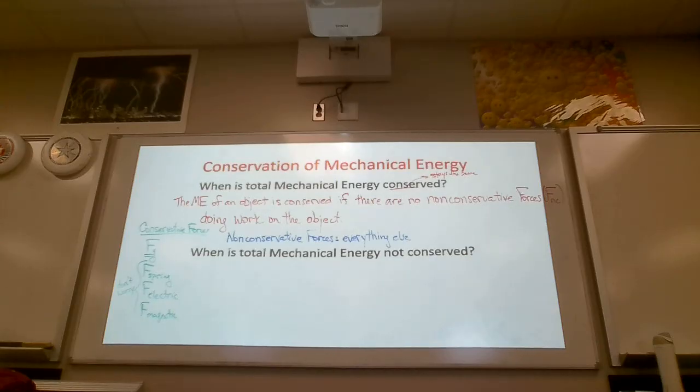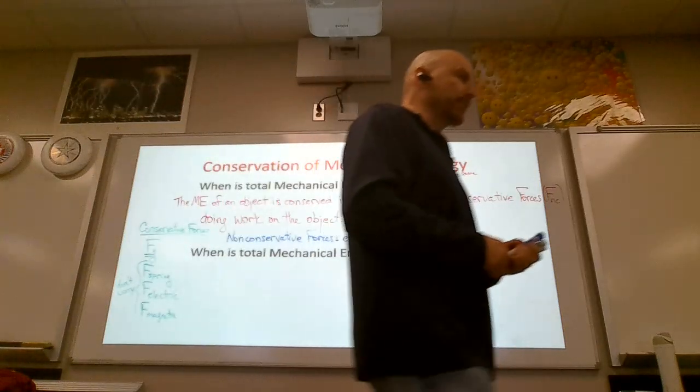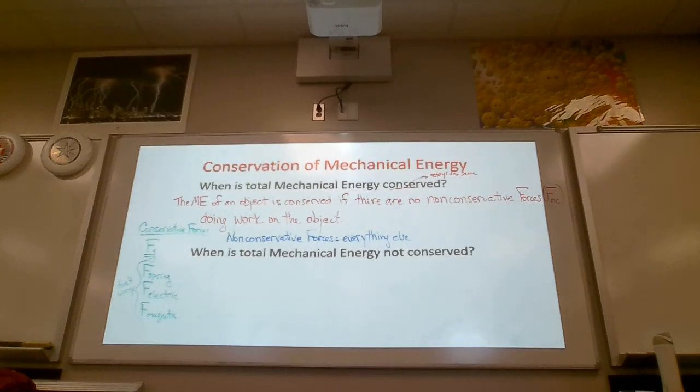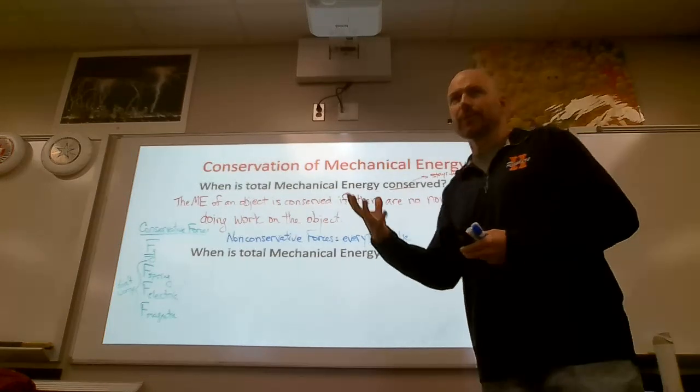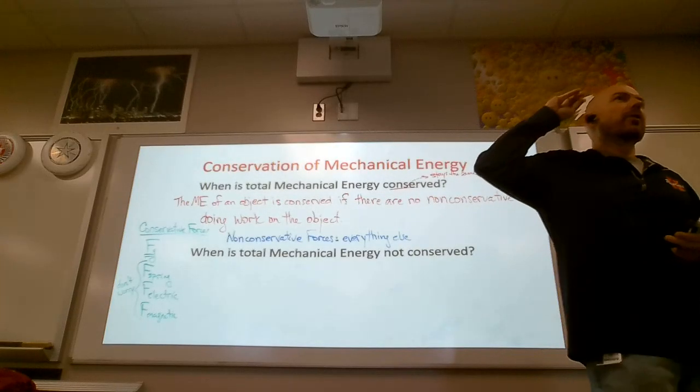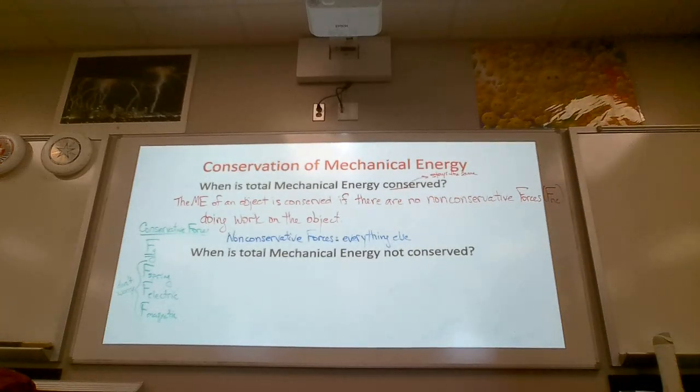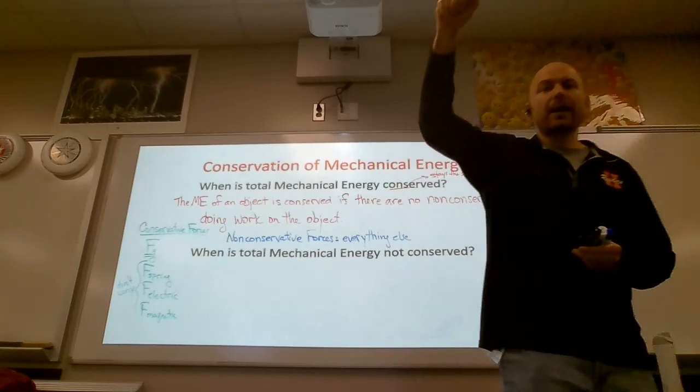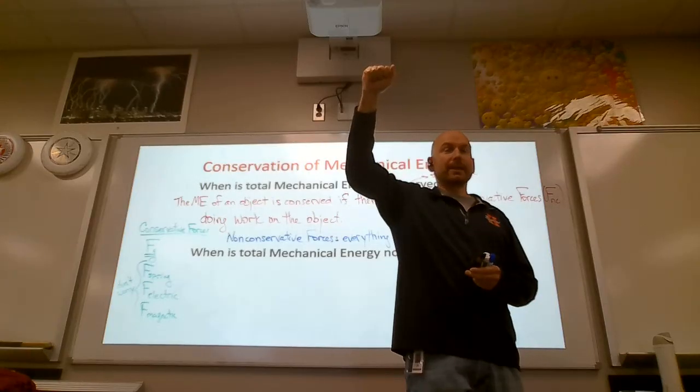So I won't ask you about this, but this is for the people who are curious, like, well, why is gravity conservative? Why is everything else not conservative? A force is deemed conservative if the potential energy is only determined by location. It has a certain amount of potential energy at this location, at this height.